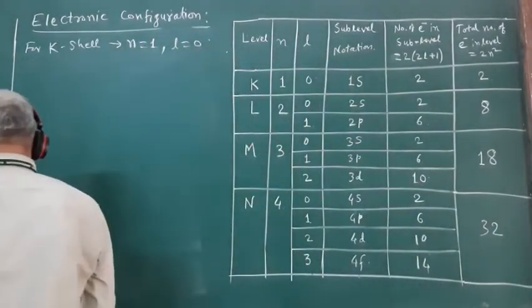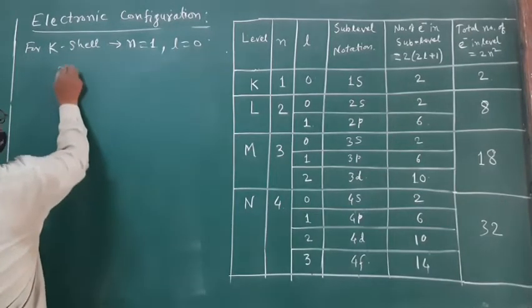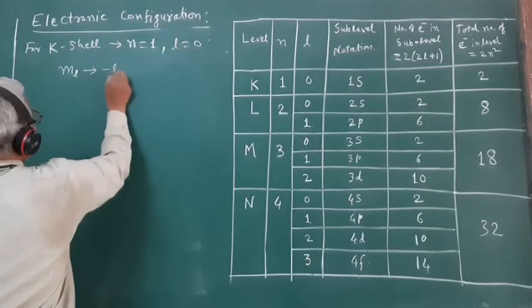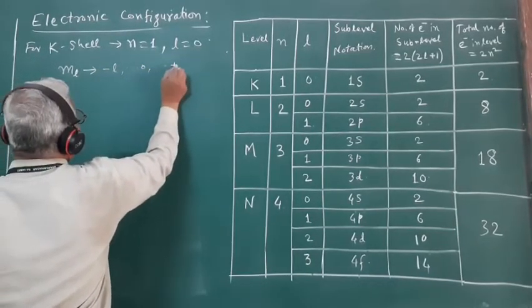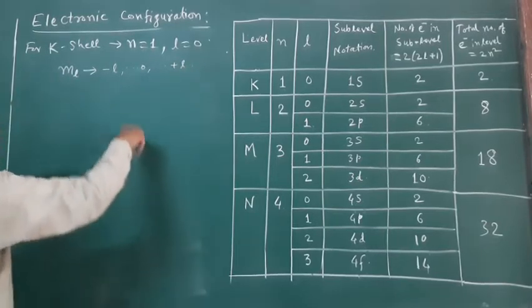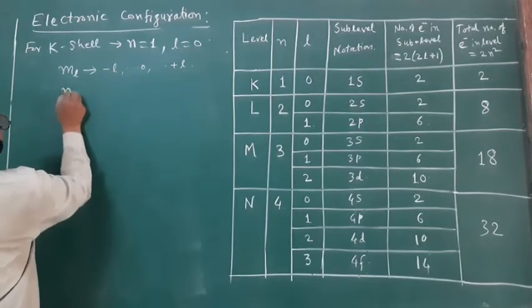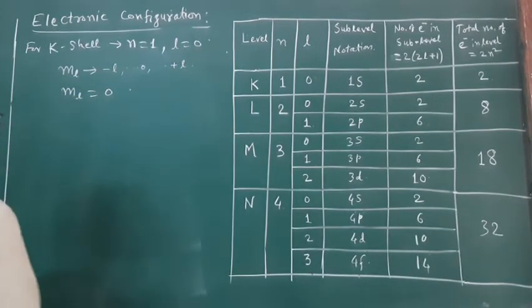The third quantum number is ml, and this ml varies between minus l to plus l. So since here the value of l is 0, the value of ml for K shell works out to be equal to 0.